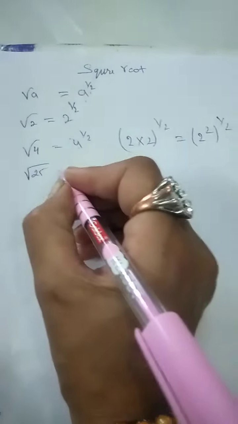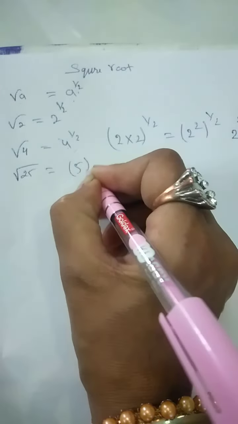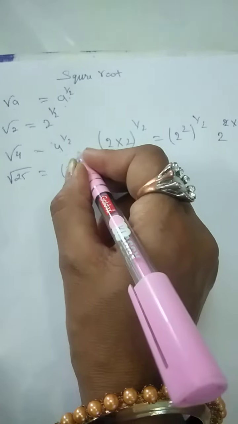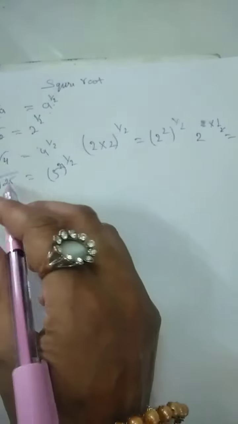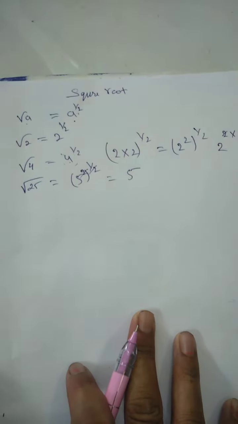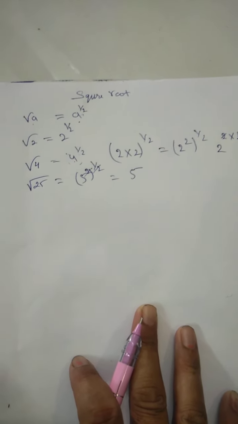And like this 25, we can write 25 as 5 raised to 2, and with the root value 1 by 2, this is cancelled and equals 5. Okay, the root value means the power is half.